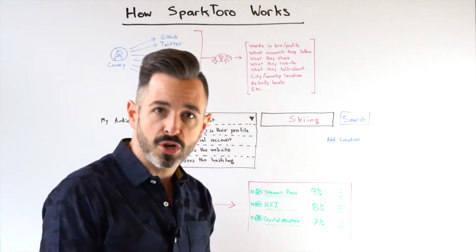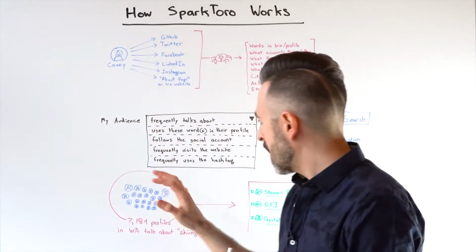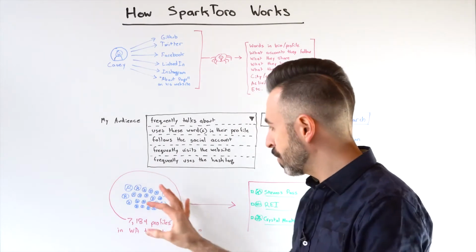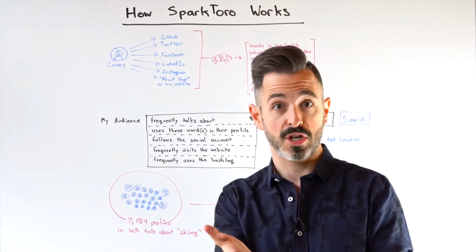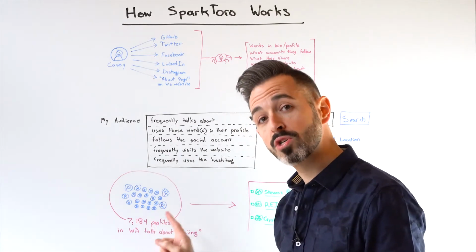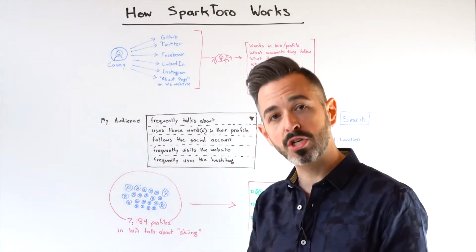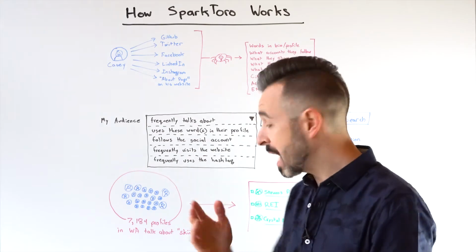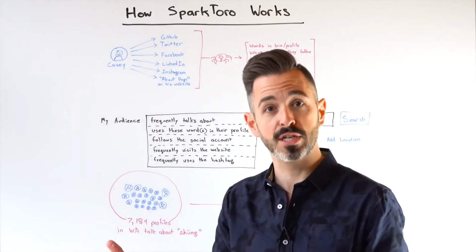And you hit this search button, what you're going to see is an aggregation of all these different profiles. In fact, I just did this search on SparkToro, and as of today, when I'm filming this, there are 7,184 profiles that match Washington State and skiing, right? They frequently talk about skiing.